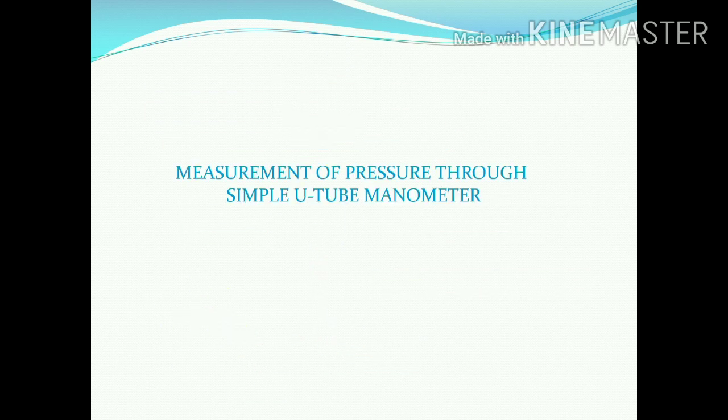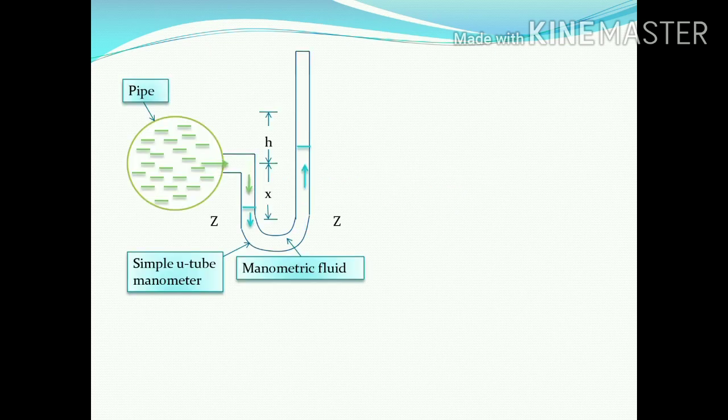Let's understand the measurement of pressure using a simple U-tube manometer. So this is a pipe, or we can say this is the cross section of a pipe, and a U-tube manometer is connected to the pipe wall. One thing you remember, the point where a pressure measuring device is fixed or connected is called the gauge point.